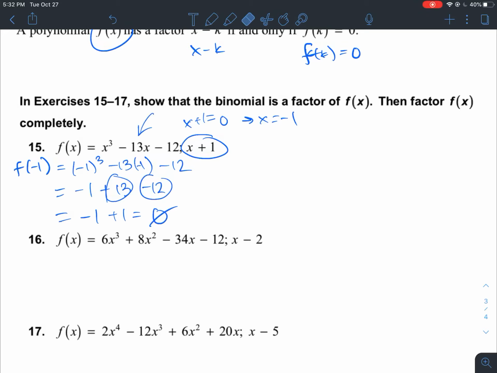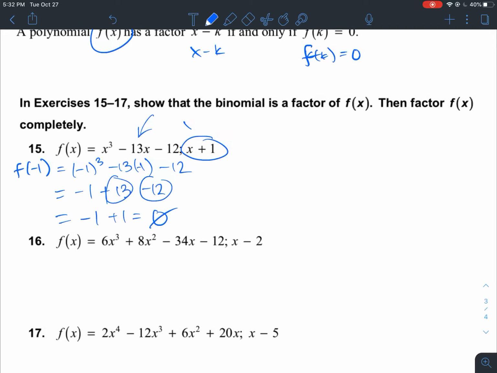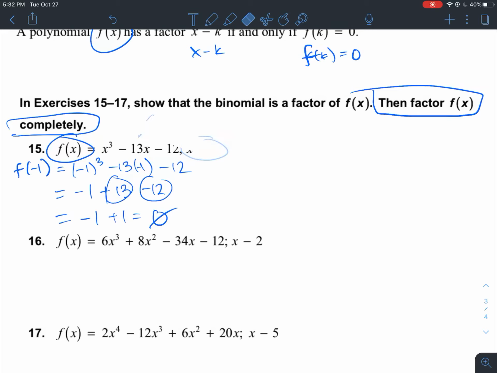Okay, so something that's really cool that we can use now is the remainder theorem, because here it's asking us to factor this completely, but it's kind of difficult to factor this one. It's not a particularly easy one to factor. But what we do know is that x plus 1 is one of those factors.